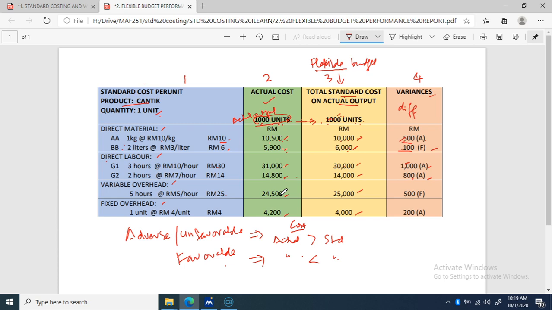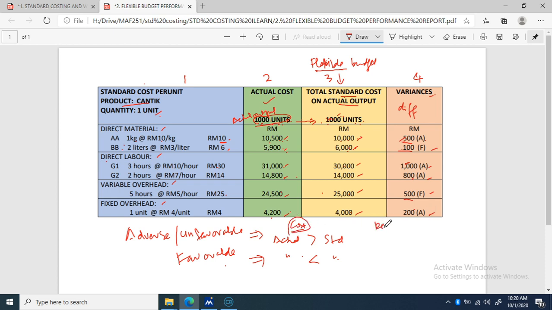Variable overhead actual is 24,500 and standard is 25,000, so actual is less, which means favorable, a difference of 500. Fixed overhead actual 4,200, standard is 4,000. You overspend by 200, which is adverse. So this is for cost.